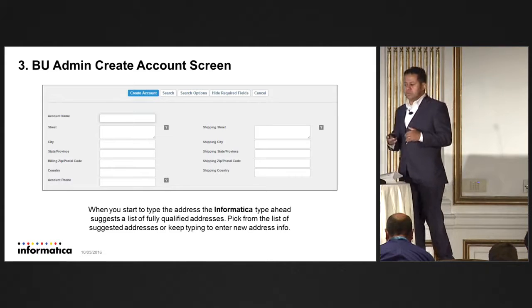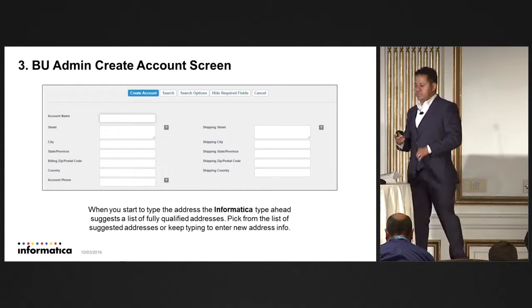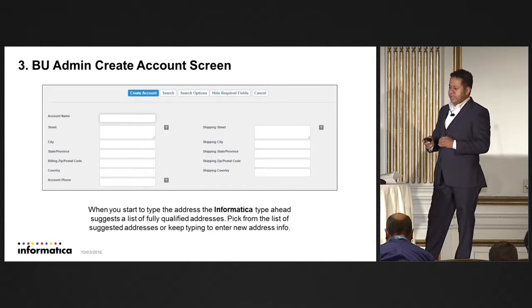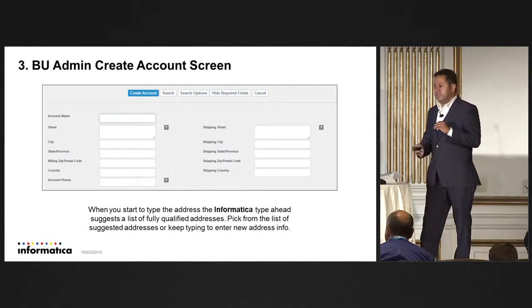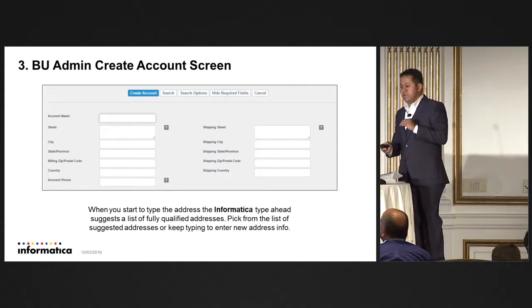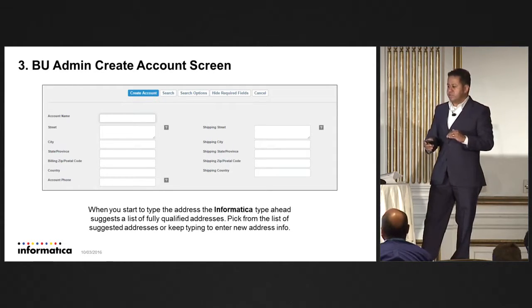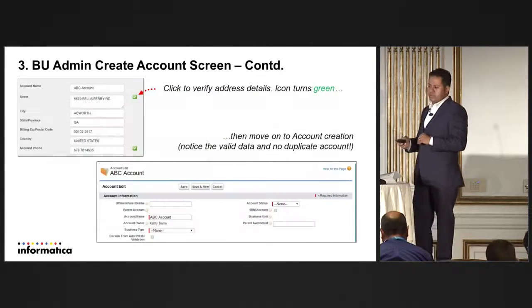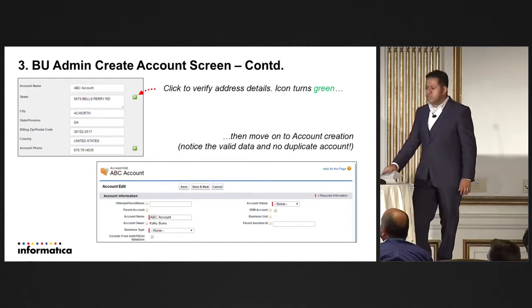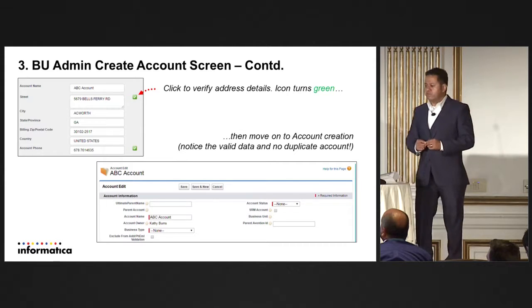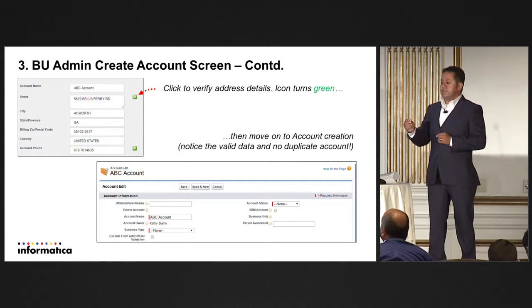It's like a Google type look and feel and experience. From the very beginning, Informatica type-ahead suggests a list of fully qualified addresses. So the user can pick from the suggested addresses or keep trying to enter a brand new address. In this example, we created an account and typed the mailing address and the zip code.